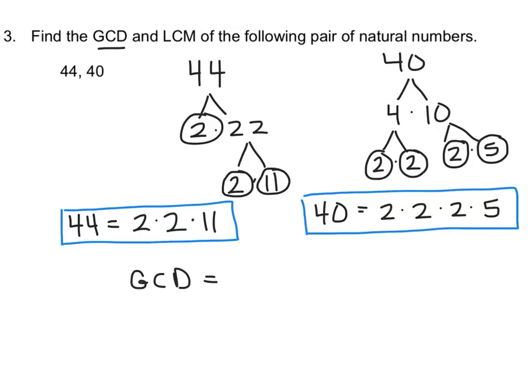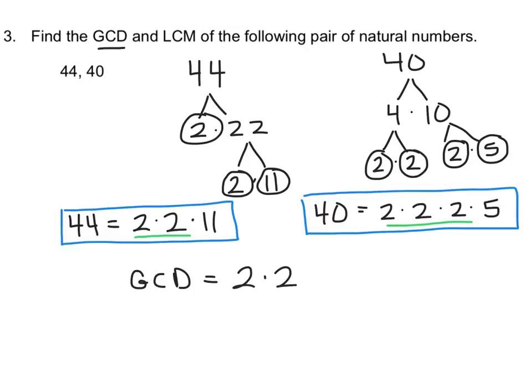So if we look at 44, I have 2 2's, and if I look at 40, I have 3 2's. So the common number of times that 2 occurs in both numbers is 2 times. So I'm going to write down 2 2's.